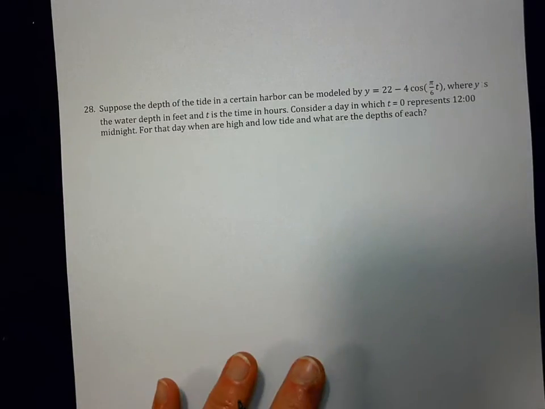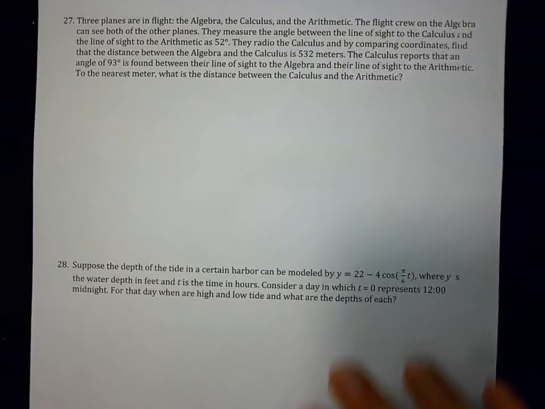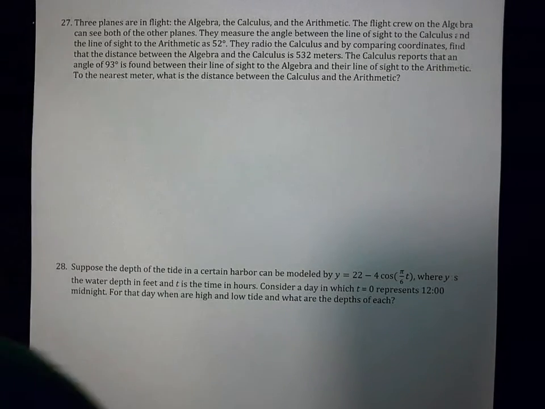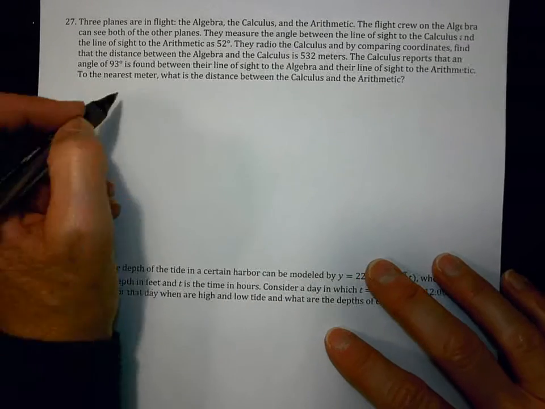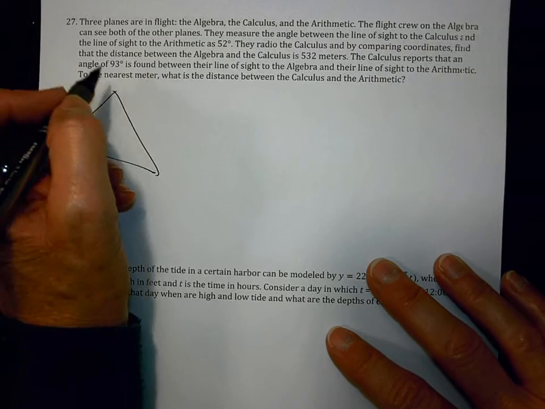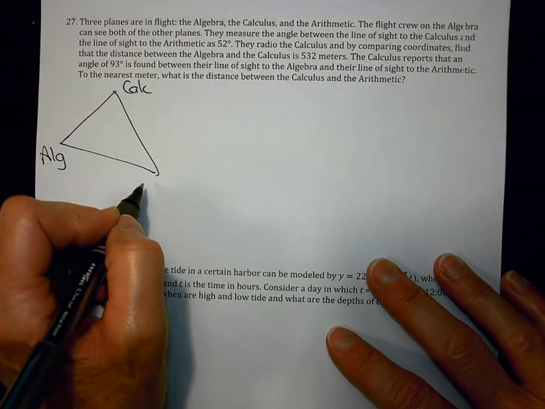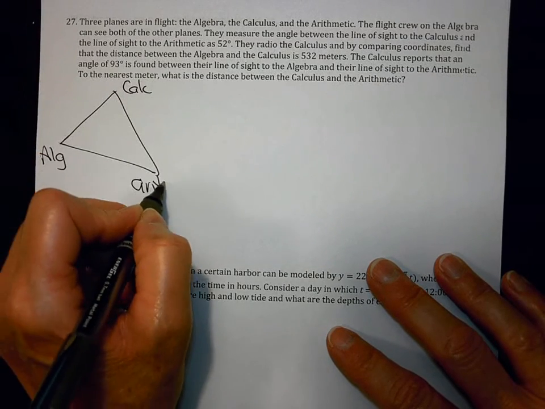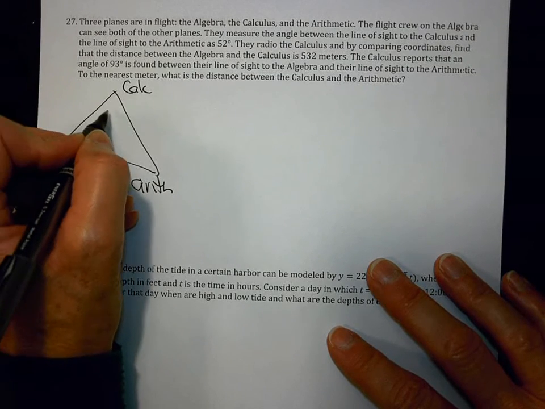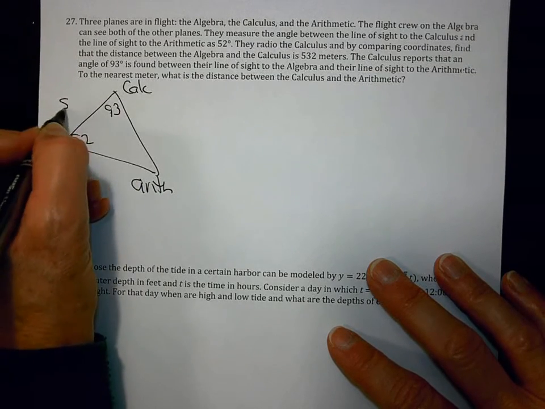Okay, 27 is law of sines again. It's just you have to draw the picture. 27. Okay, so we have our picture, algebra, calculus and arithmetic, the information we're given is this and that, this and an x.